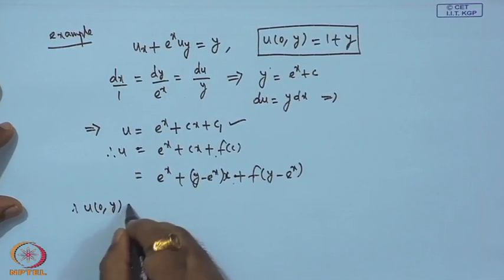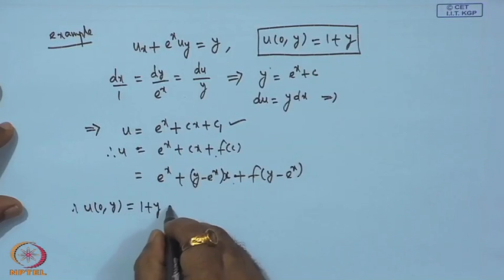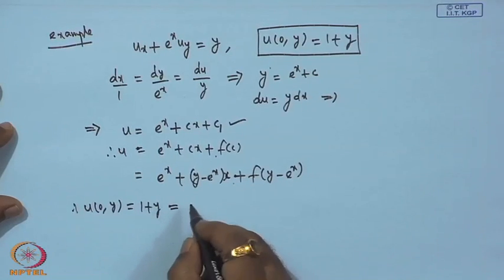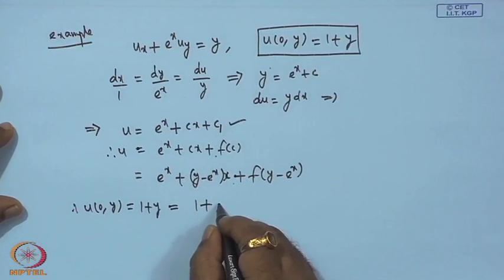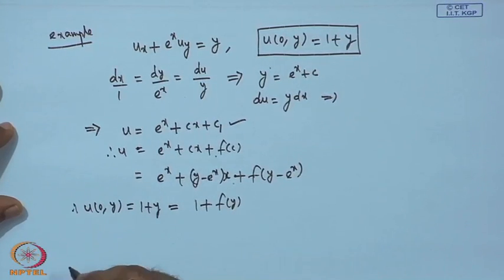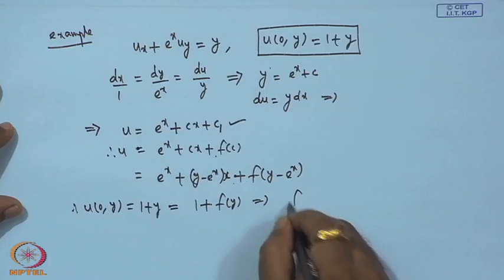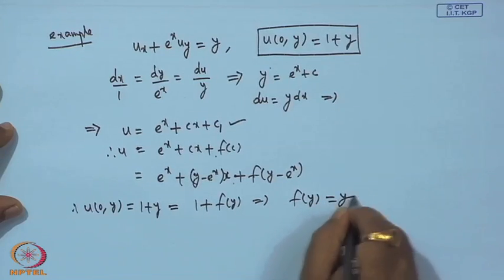Therefore, u of 0 y will be 1 plus f of y. This implies f of y is y.